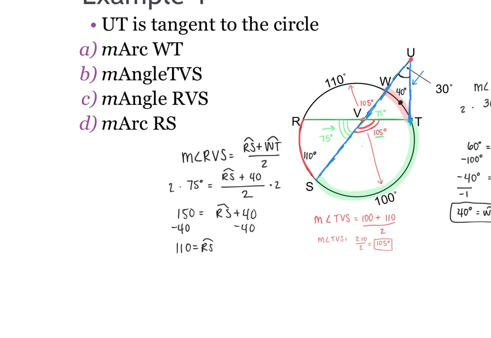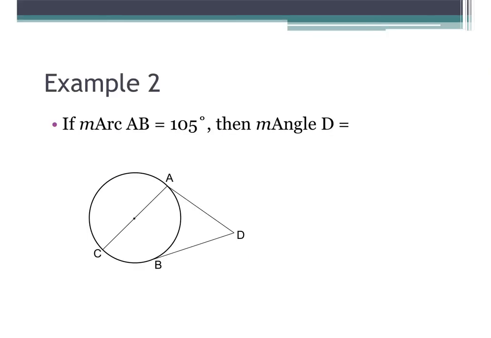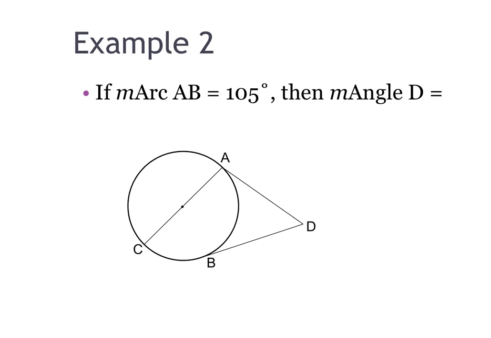All right, so we found each of those examples. We're gonna do 2 simpler examples and then we're done with this lesson. The next example, example 2: if the measure of arc AB is 105, then the measure of angle D equals what?